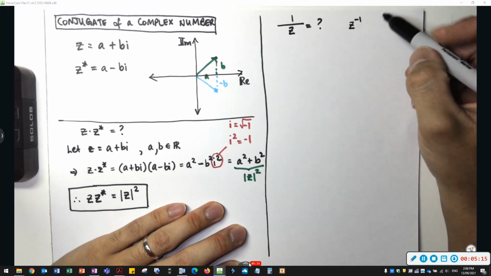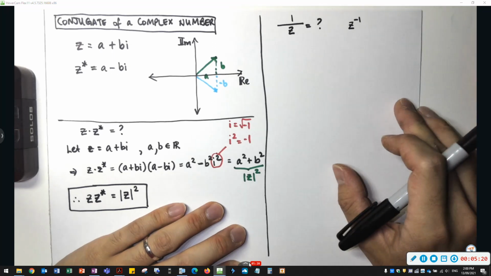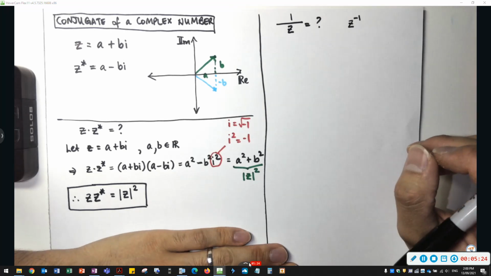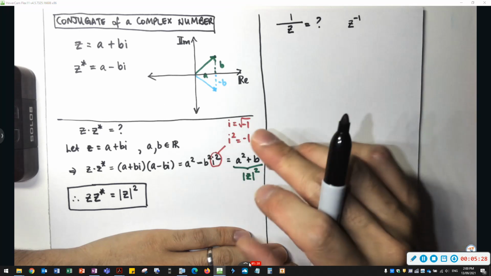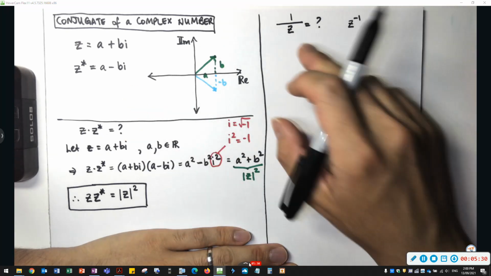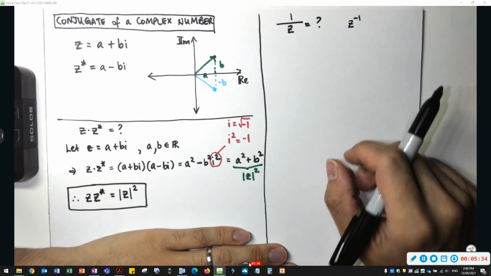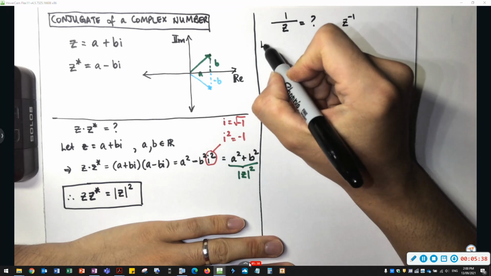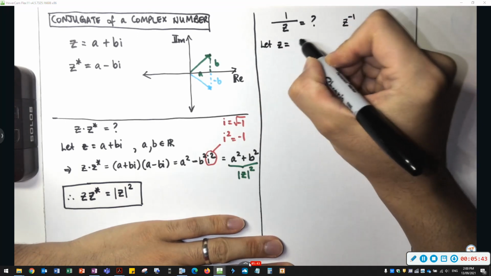At the moment, we don't actually know how to do powers of complex numbers. Later, you will learn how to do this using de Moivre's theorem, which utilizes polar form. So at the moment, we're just sticking with our Cartesian form. So we're just simply going to do something similar to the previous proof. What happens here? So you can try this along with me. Let z equal a plus bi.